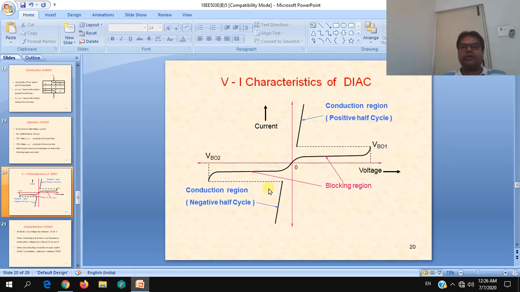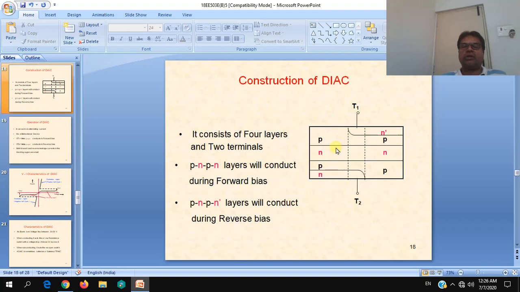Other features are the same: forward blocking region, forward breakover voltage; reverse blocking region, reverse breakover voltage. When we think of it as a normal SCR, this PN with two terminals T1 and T2 in the forward direction is now anode and cathode, and there is no gate when compared to the conventional SCR.